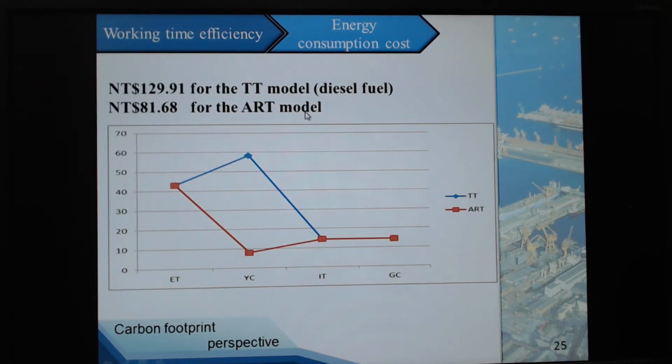Another reason is that the TT uses diesel fuel, and normally in Taiwan, diesel fuel is very expensive compared with electric power. So you can see the TT costs about 129.91 NT dollars, that means Taiwan dollars. ART uses 81.68.